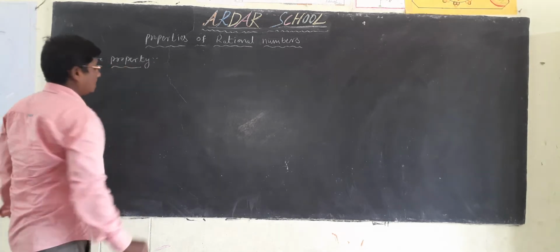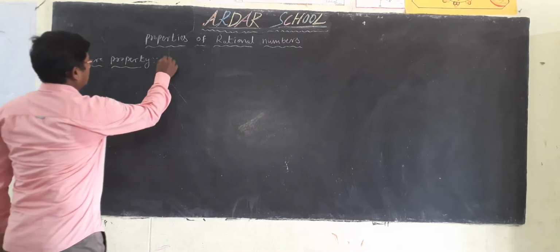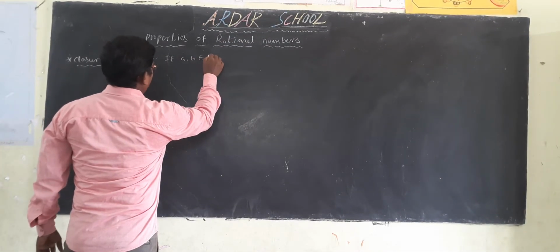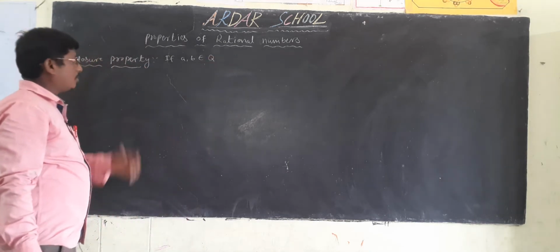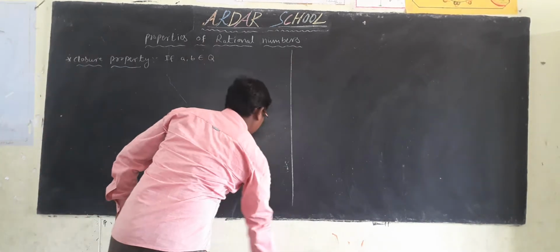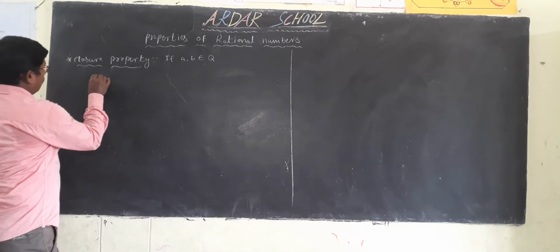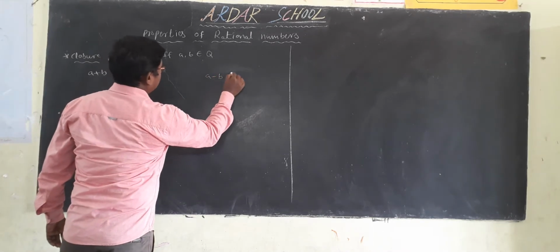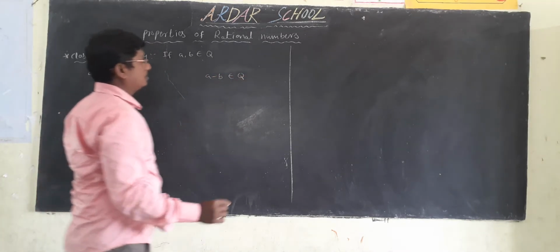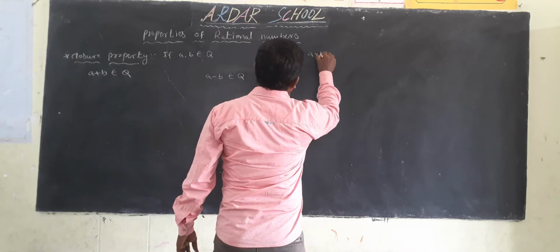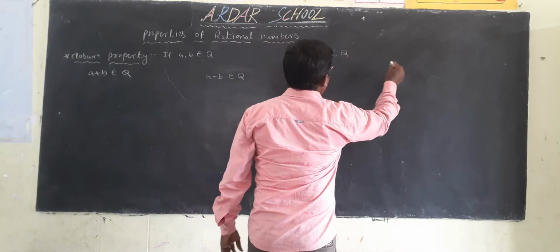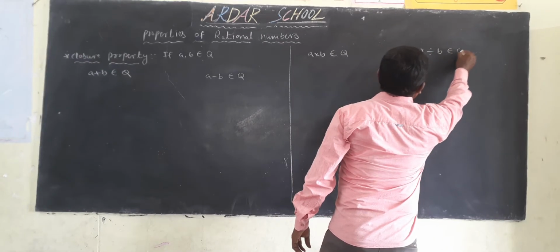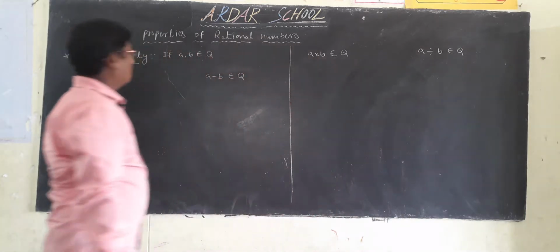The definition of closure property is: if a, b belongs to Q, then a plus b also belongs to Q, or a minus b also belongs to Q, or a into b belongs to Q, or a divided by b belongs to Q. This is closure property.